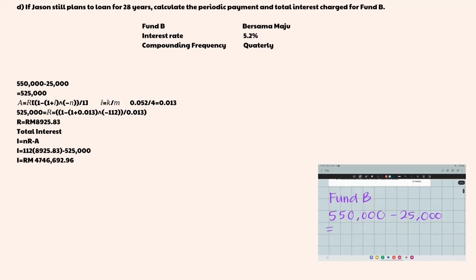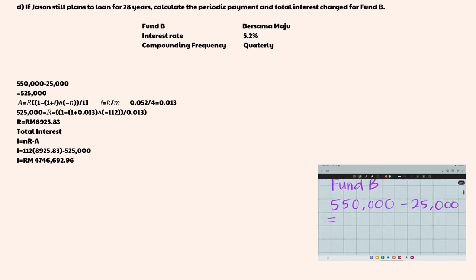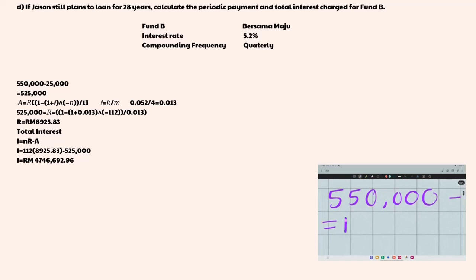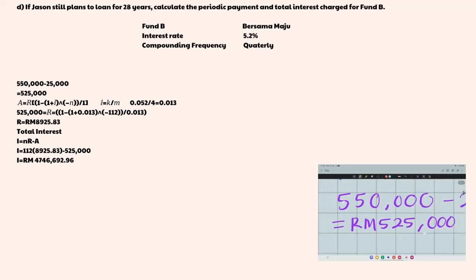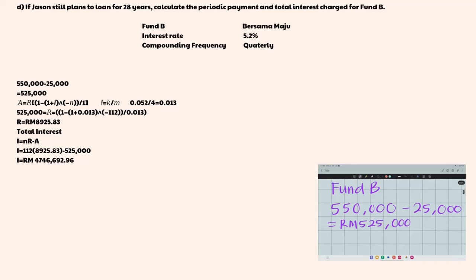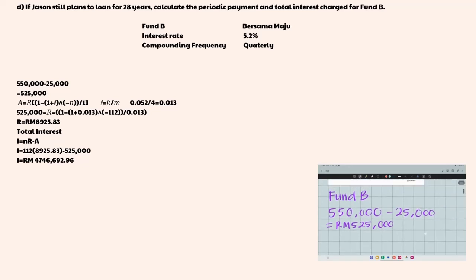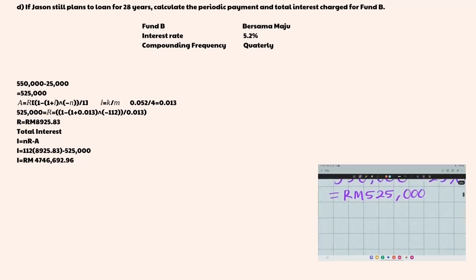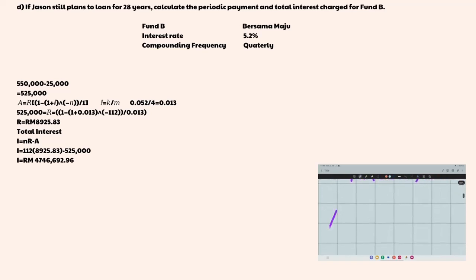So the total is RM 525,000. So the amount he needs is RM 525,000. So A equals to R.